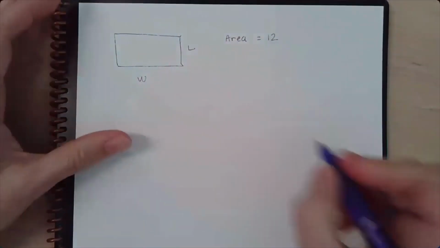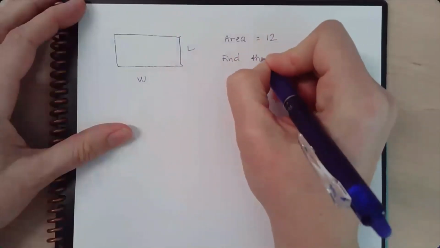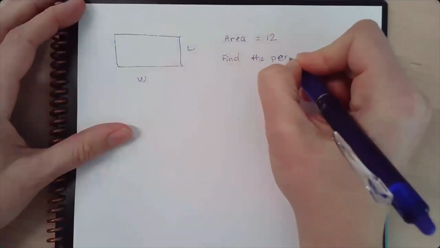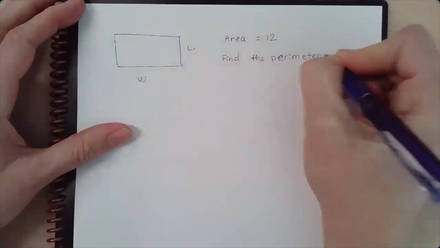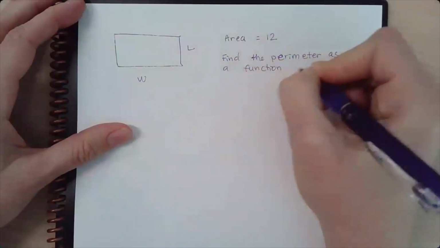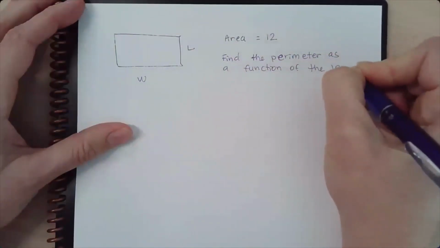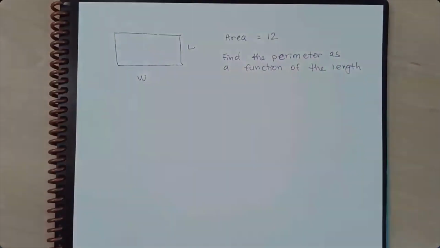The area is equal to 12. Find the perimeter as a function of the length. Oh, one of the sides, it said.